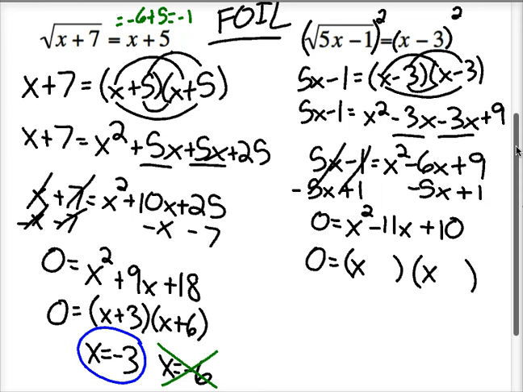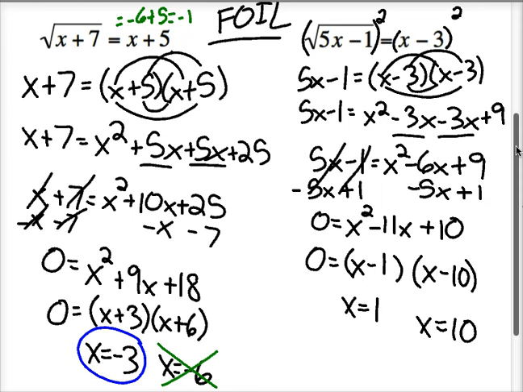Well, two things that multiply to 10 and add to negative 11. Well, the only way two things can multiply to be positive and add to be negative is if both are negative. So we're going to be talking about negative 1 and negative 10. All right, so this means we have a solution of x is 1, because that would make that 0, and x of 10, because that would make that 0.